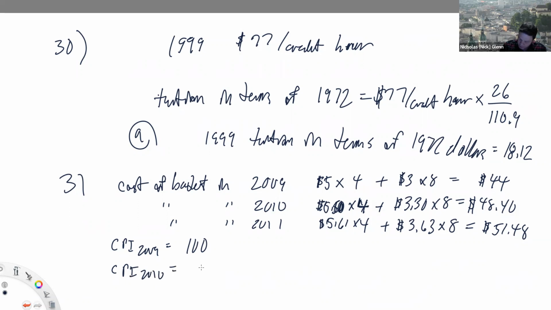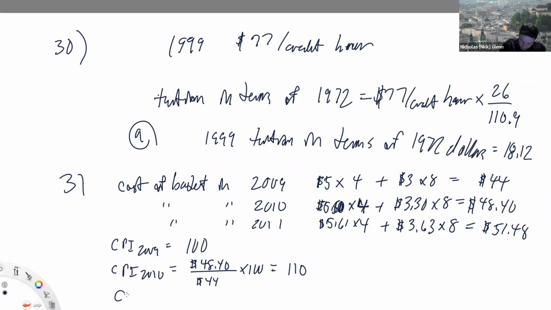Well, we use the cost of the basket in 2010, we'll put it on top, $48.40. On the bottom is always the base year cost of the basket, and that's 44. And you multiply by 100, and what you'll get there, the CPI is 110.